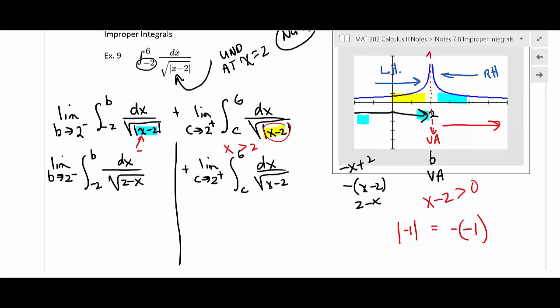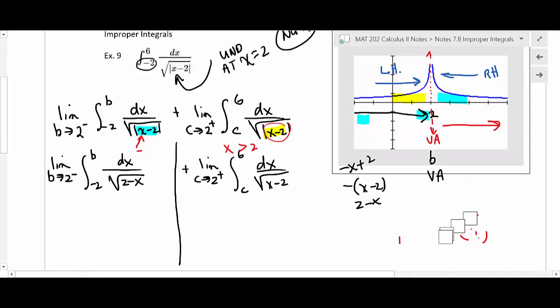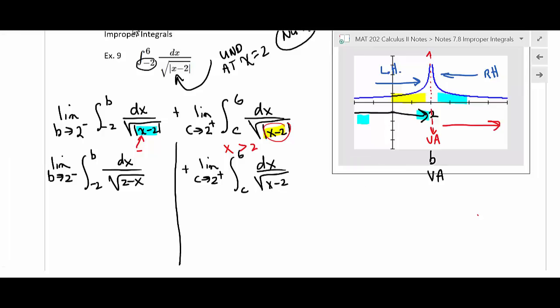Okay? So now we're ready to go through and integrate this. This is basically pretty simple U-substitution. You could pretty much reason this out in your head too, I think. I'm going to go over to the side and just think about how one of these would go.